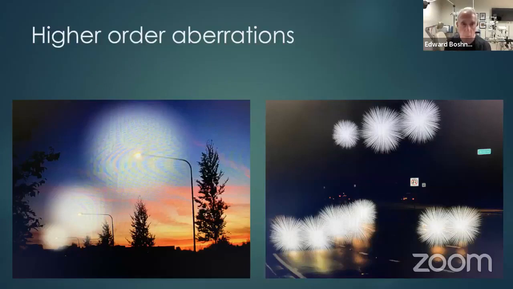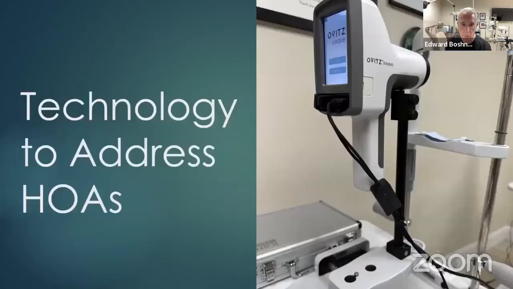Now, one problem that we all have to contend with in these high-need patient populations is higher-order aberrations, where they're seeing halos and glare, starbursts, double vision, and shadowing, and these are examples of some of the things that patients see. And there's emerging technology involving aberrometry that is designed to take care of these.